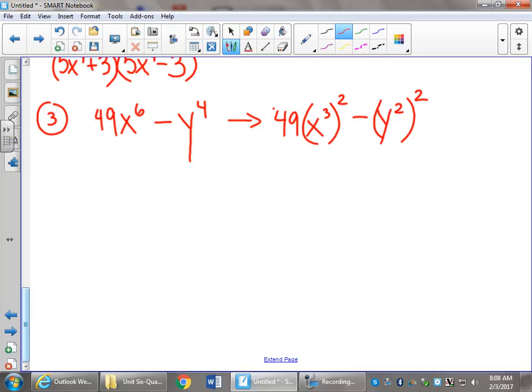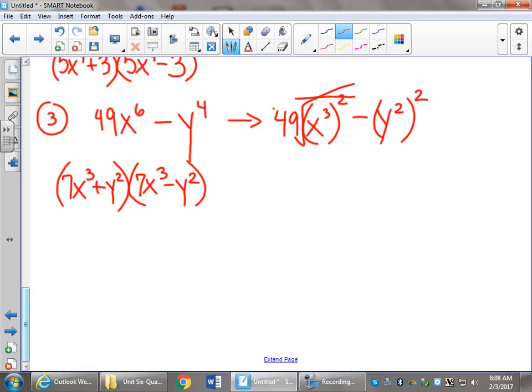I'm just rewriting them as powers of 2 to show they're perfect squares. If I set up my two factors, I'm going to get 7x cubed, because when you square root this term, you're left with an x cubed for both, and then plus y squared, minus y squared.